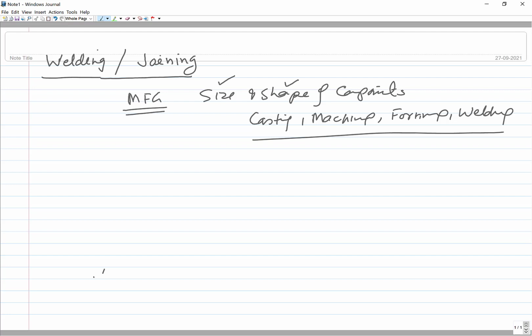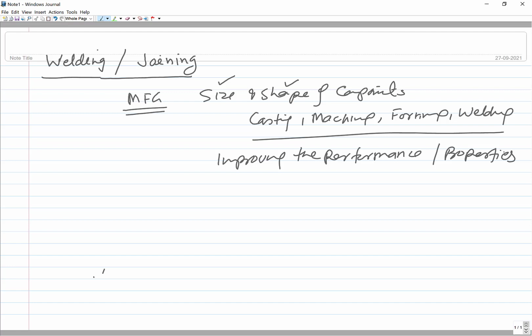Apart from these four, we have another category of processes where we are interested in improving the performance or properties of the components which have been made using these processes. If we are not satisfied, or the component is not suitable for a given purpose, then we would like to improve the properties and performance of components made by casting, machining, forming or welding.